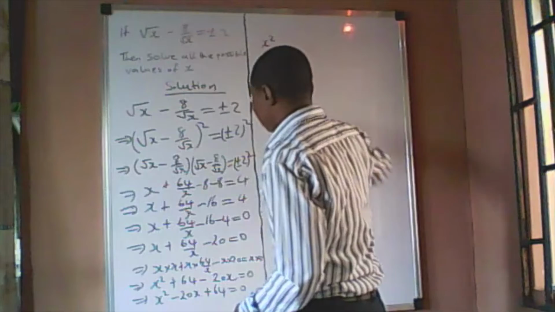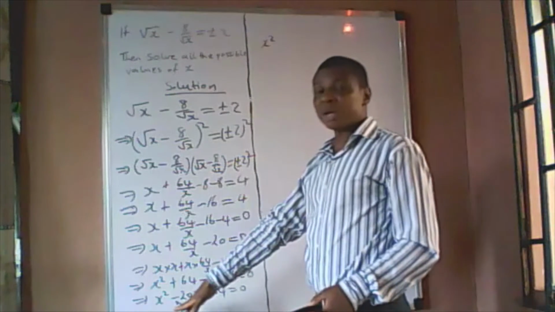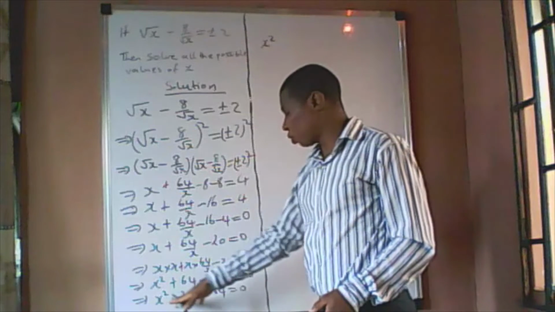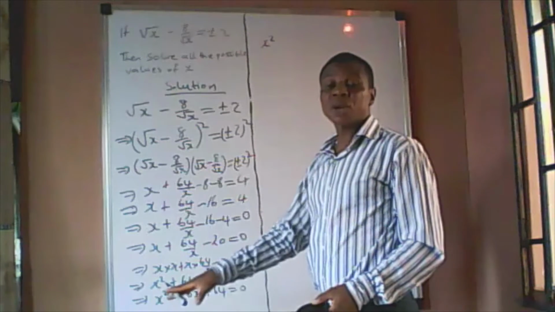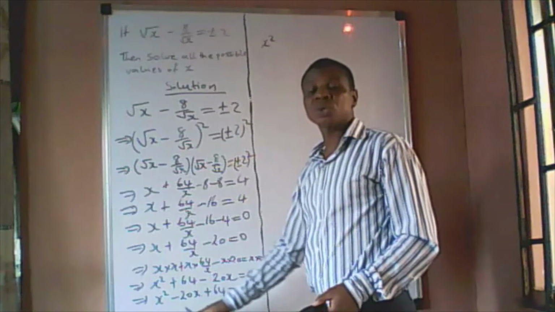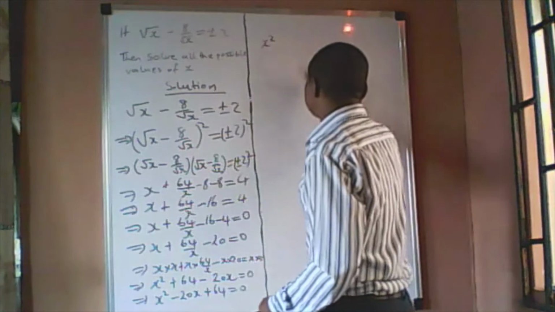So let us substitute it here: x squared, and we substitute minus 16x minus 4x for minus 20x, because minus 16x minus 4x gives us minus 20x.